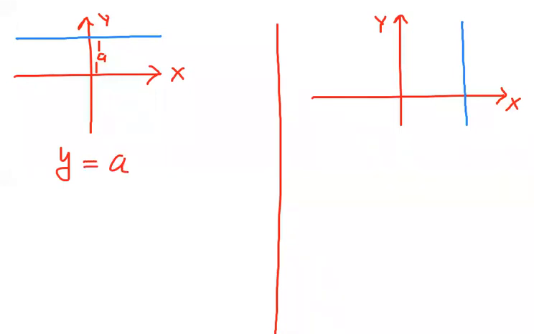Or we can write it as y minus a equals 0 is the equation of a line which is parallel to x-axis.